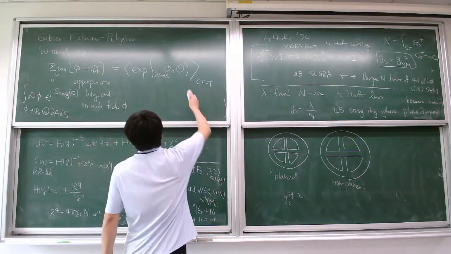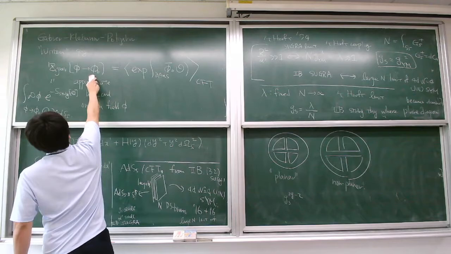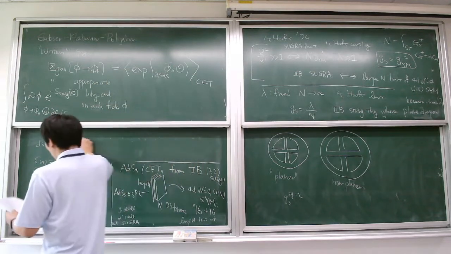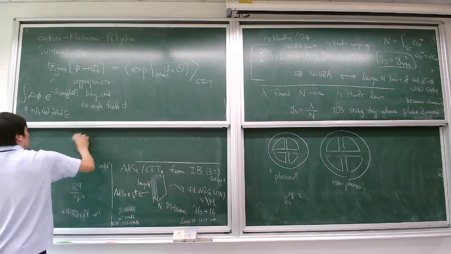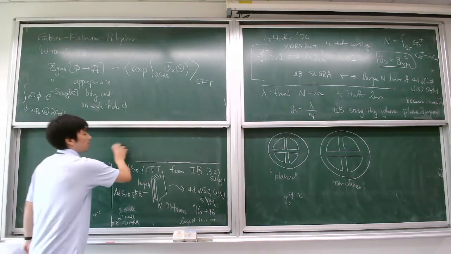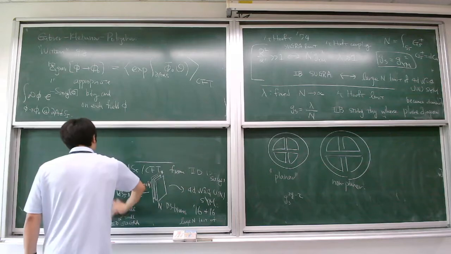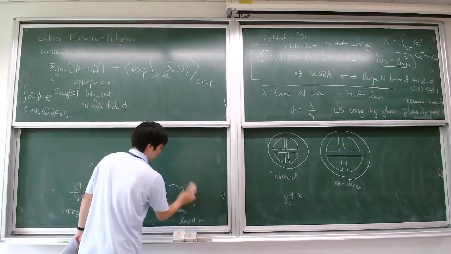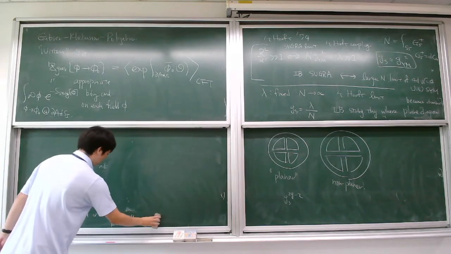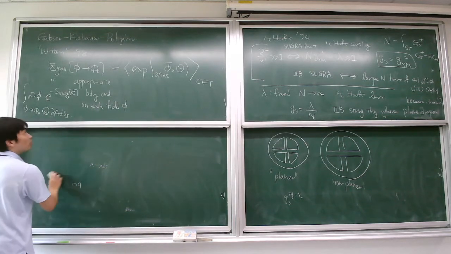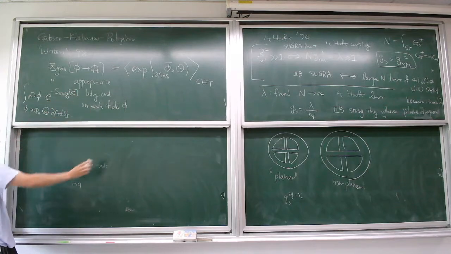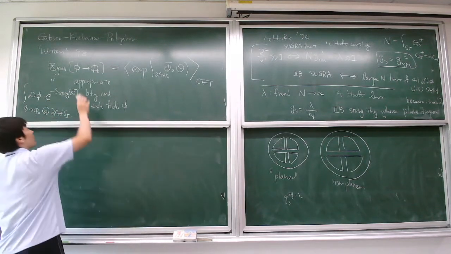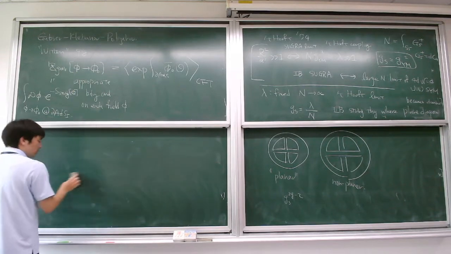So given the field phi, how do you find the dual operator? The left-hand side is the gravitational theory, so phi can be a gravitational field.